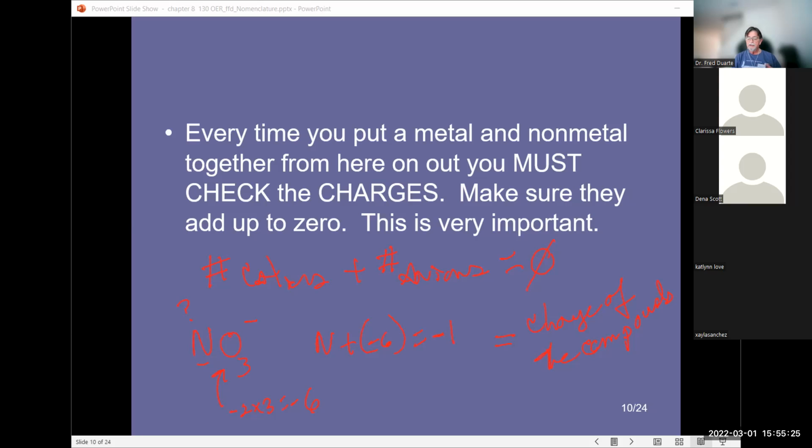Okay, so I got a real simple algebraic equation here. I got N plus -6 is equal to -1. Here's the charge up there. Rearrange and solve for N. So N is equal to 6 minus 1, which is equal to a +5. So under these conditions, nitrogen has an oxidation state of +5.